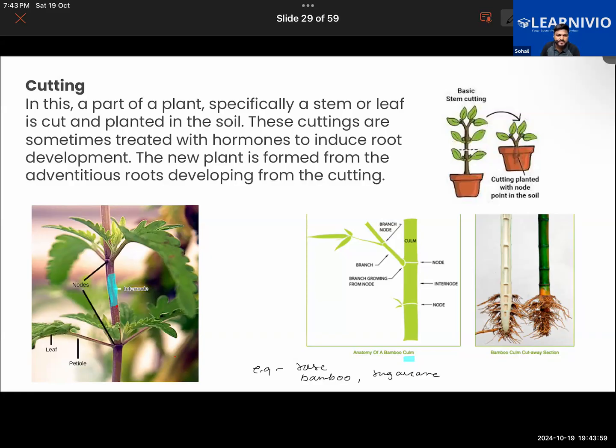Sunflower. I don't think sunflower is grown in this manner. I'm not 100% sure, but generally I don't think it is. Other examples, a rubber tree can be grown in this manner. Exactly.